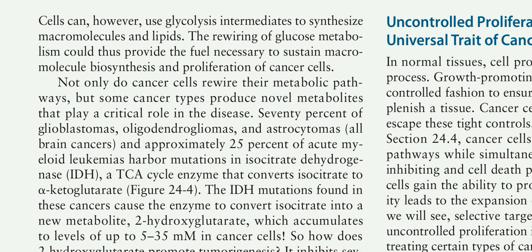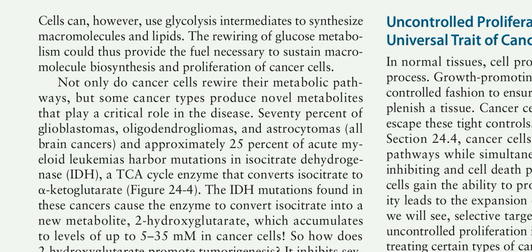Not only do cancer cells rewire their metabolic pathways, but some cancer types produce novel metabolites that play a critical role in disease. 70% of glioblastomas, oligodendrogliomas, and astrocytomas, all brain cancers, and approximately 25% of acute myeloid leukemias harbor mutations in isocitrate dehydrogenase, or IDH, a TCA cycle enzyme that converts isocitrate to alpha ketoglutarate.